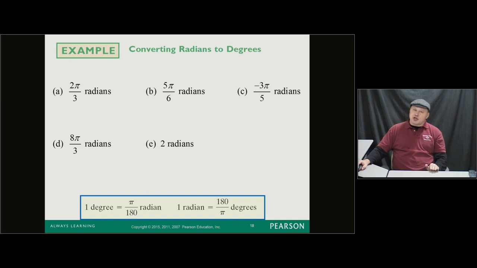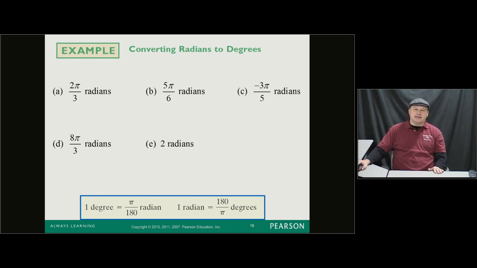But if somebody's just learning Spanish, the first thing they do when somebody says something to them in Spanish is get the dictionary out and look up what it meant in English. That's kind of what you're doing here. You're learning radians, and 2 pi over 3 might be a different language for you right now.